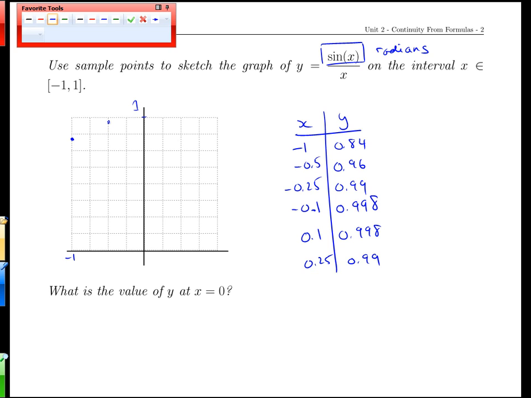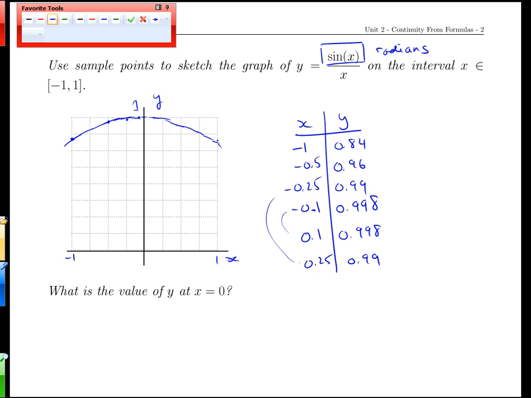And 0.96 is here. 0.98 would be just below 0.99. Okay, that's what we're talking about. We've got a graph that looks like this, and looking at the pattern we see, the symmetry here, we're going to have the same kind of thing happening on the positive x side. So this is our x, and this is our y value.